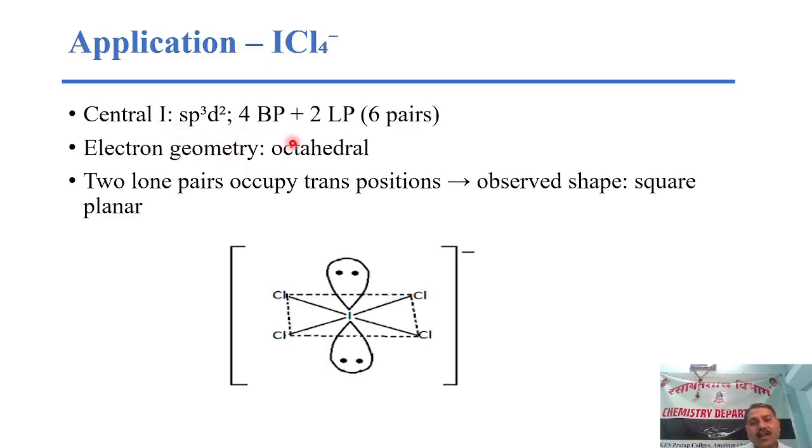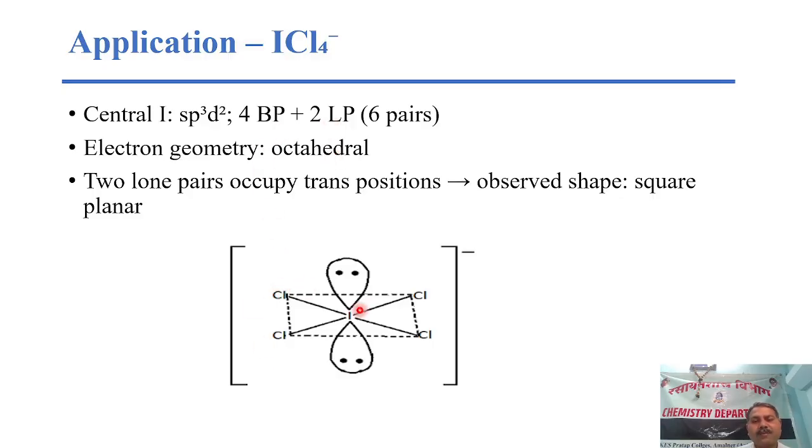The expected geometry of this molecule will be octahedral. Octahedral geometry means 4 positions are at the equatorial square plane, and 2 positions are axial positions perpendicular to this square plane. Now we have 2 lone pairs and 4 bond pairs.